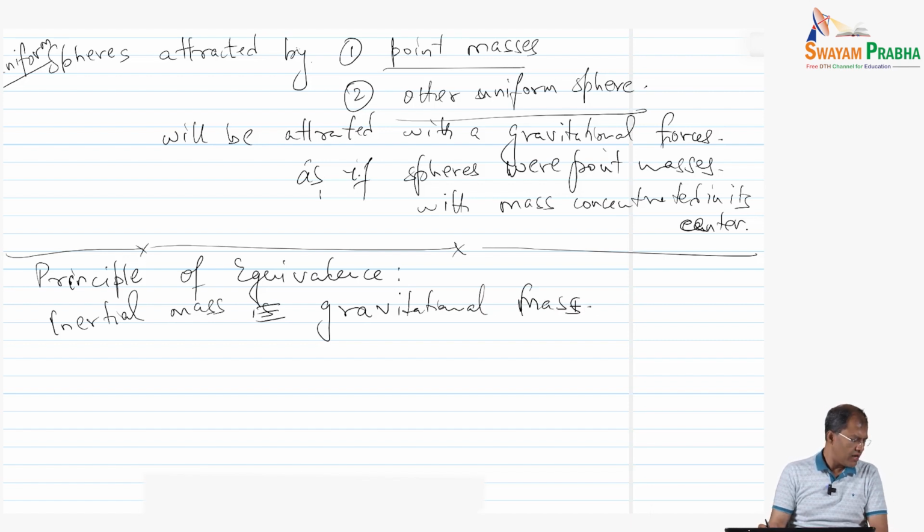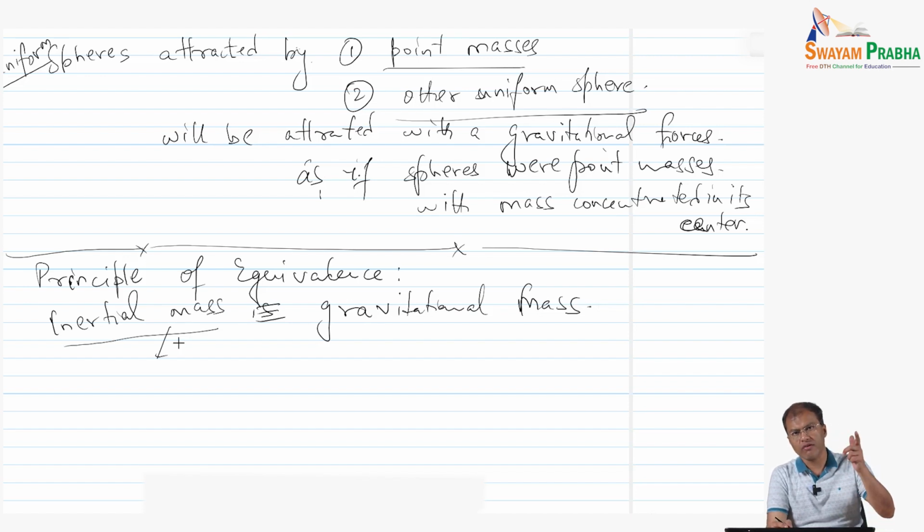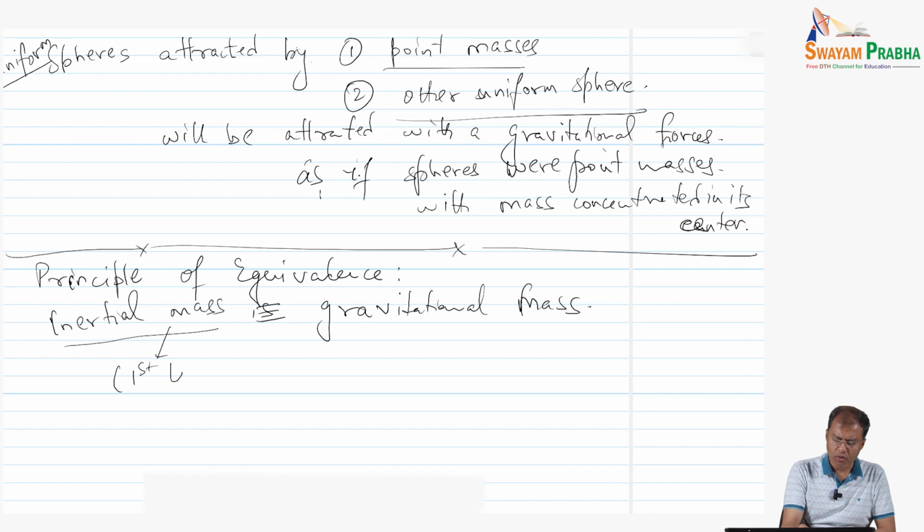What do we mean by inertial mass? The definition of inertial mass comes from Newton's first law. That is, the inertial mass is the reluctance of the object to be influenced by any external forces, or it is some sort of resistance by the object to the external force, right? So that comes from the first law.